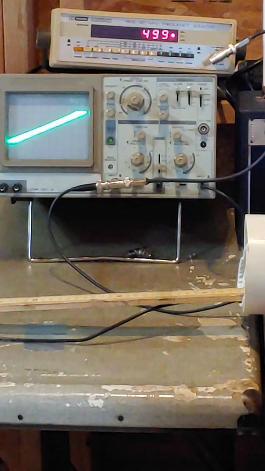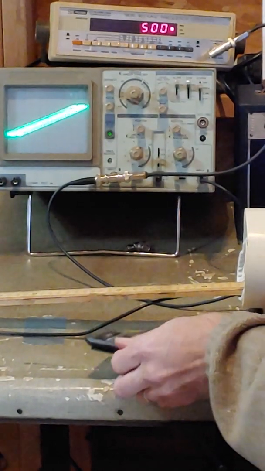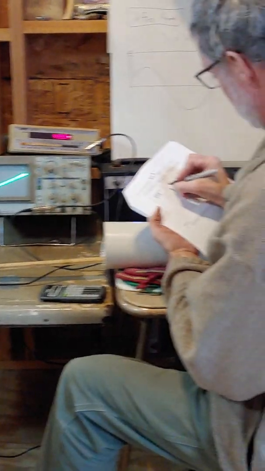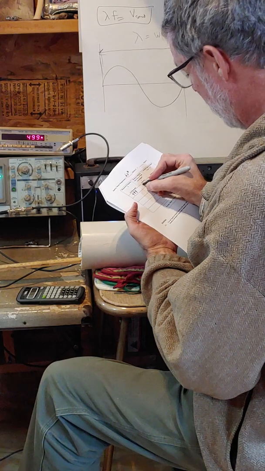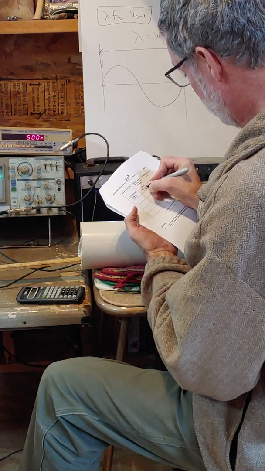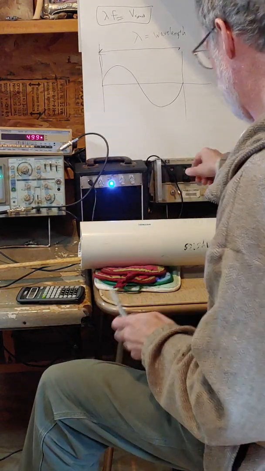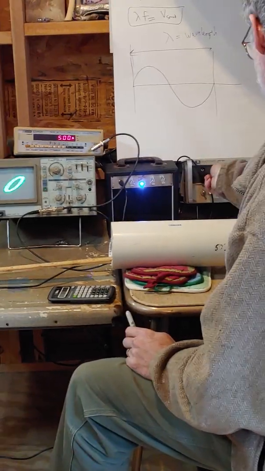But I only went half a wavelength, so I really have to multiply that by 2. Does that make sense with me? Yes. So that means that wavelength, peak to peak for the full wavelength, is about 0.83 meters.